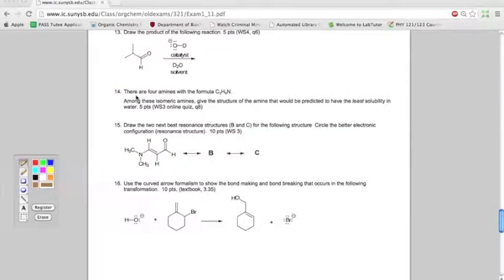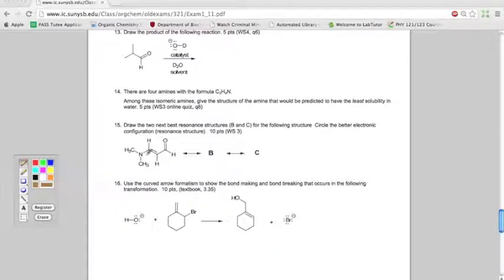Sorry, I was experiencing some technical difficulties, so let's start with question number 15, drawing resonance. So remember, with resonance, you cannot change the connectivity. The only thing you can change is the flow of your electrons, since resonance is basically different portrayals of the same molecule.